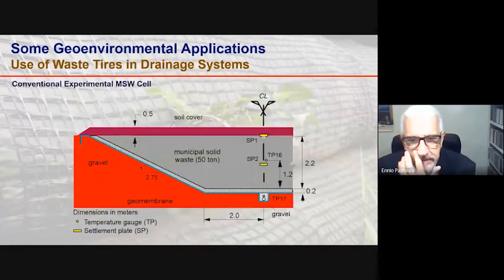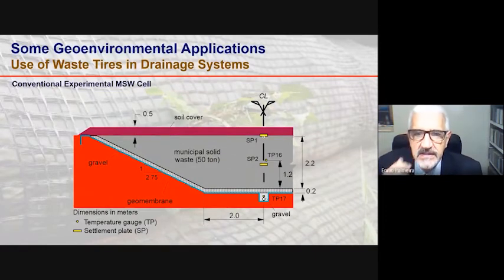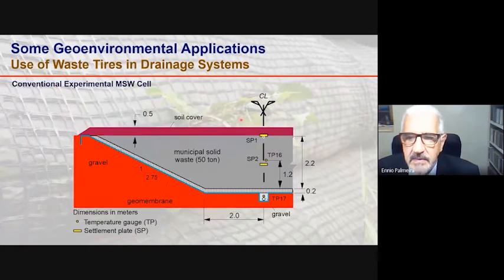So let's see an example of comparison between an alternative drainage system and a conventional drainage system in experimental municipal solid waste cells. Here you see a cross-section of an experimental municipal solid waste cell with 50 tons of waste, using a conventional drainage layer consisting of a gravel layer.